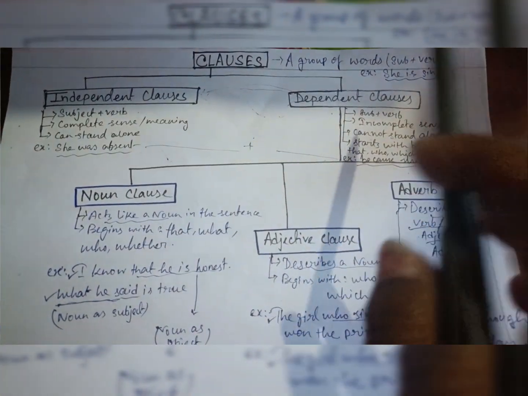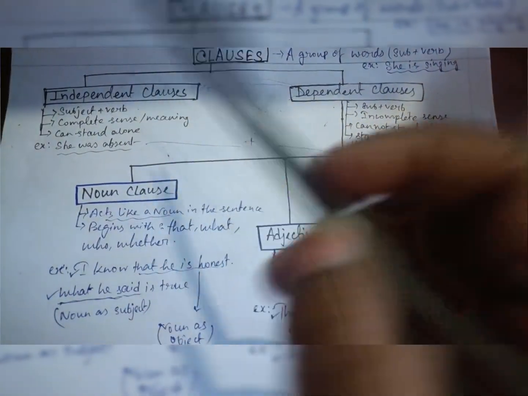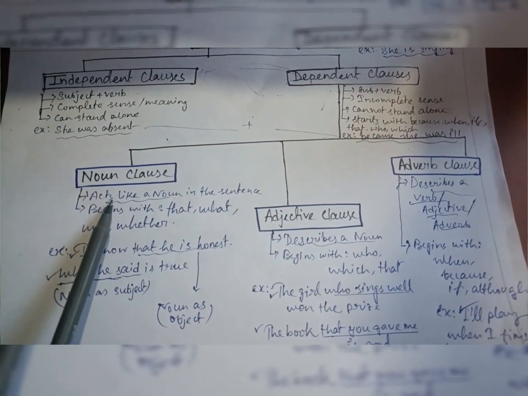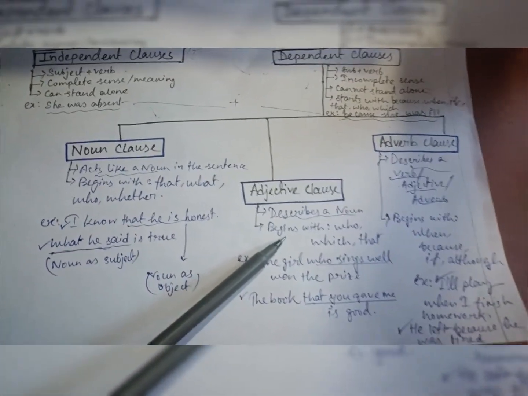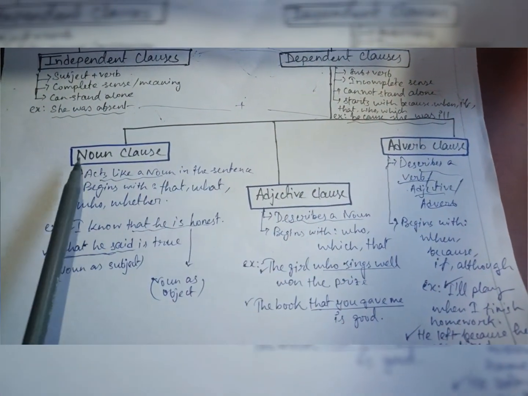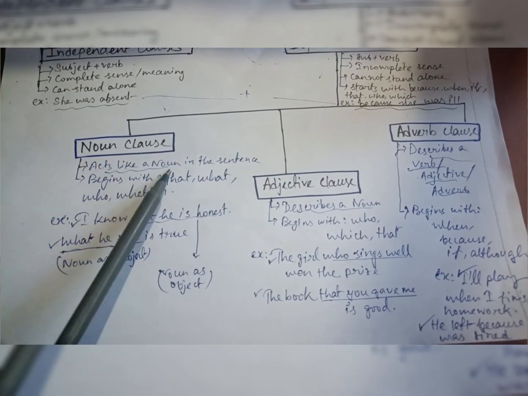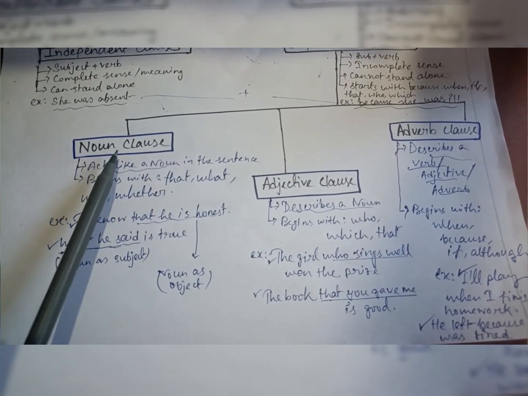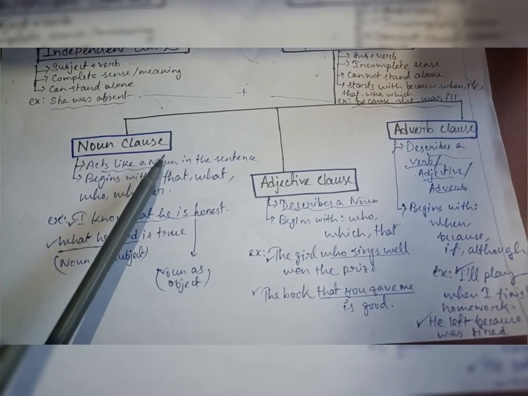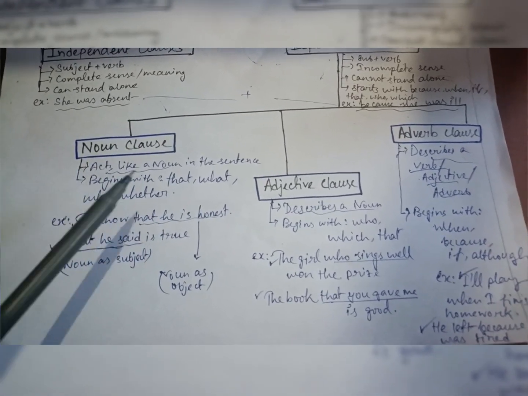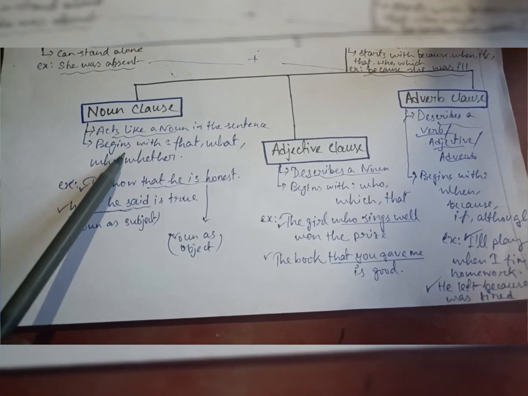Now dependent clauses have another type of classification. First one is noun clause, next is adjective clause, another one is adverb clause. What is a noun clause? A noun clause acts like a noun, so it can be easily remembered that a noun clause acts like a noun in the sentence.